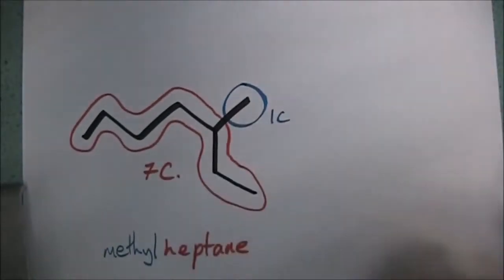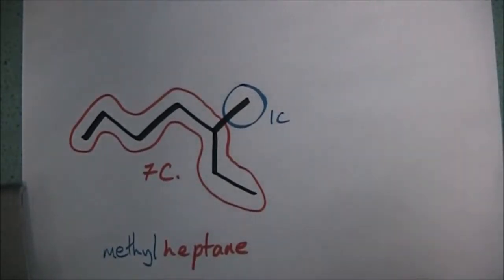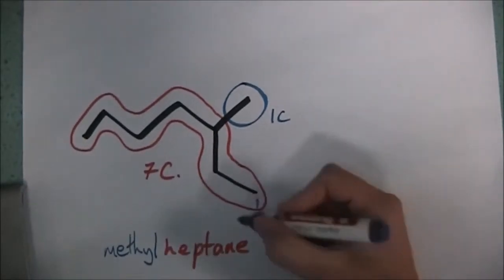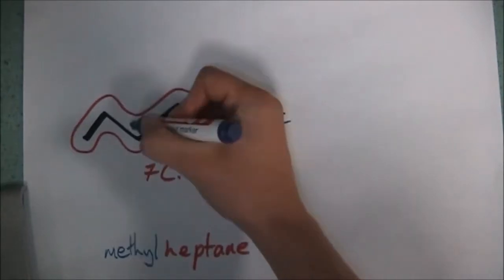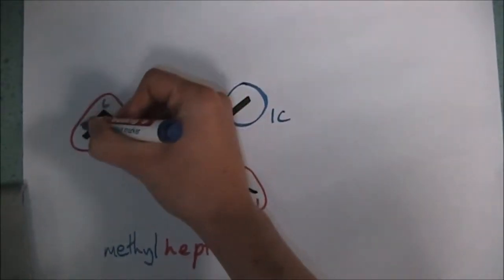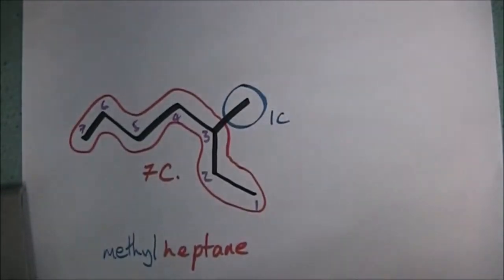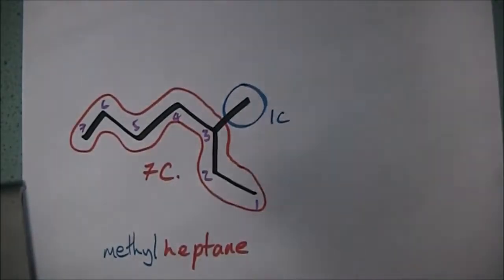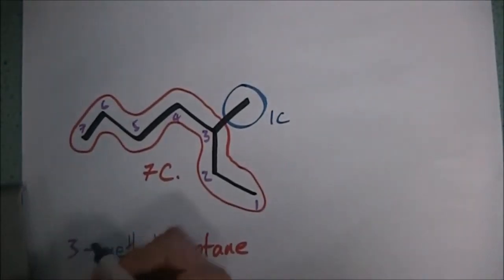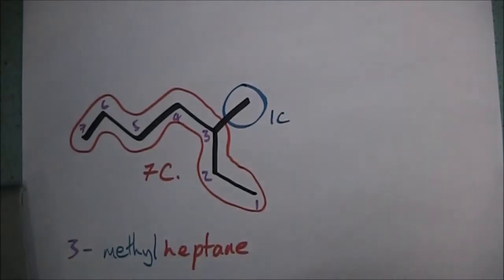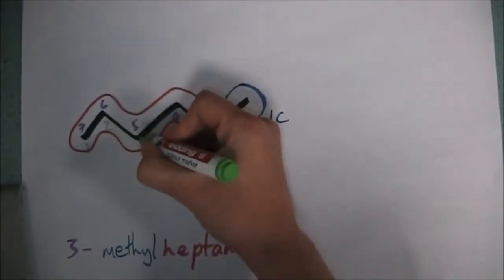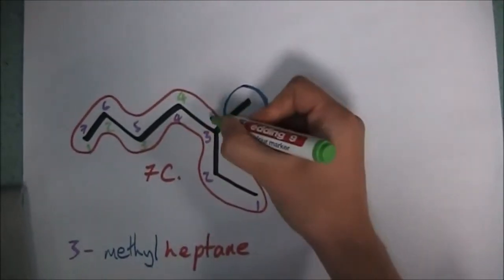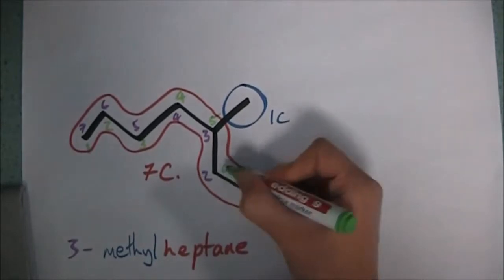Well, it's on this one here, and that is 1, 2, 3, 4, 5, 6, 7. So it's the third carbon along from that way. So we're going to call it 3-methylheptane. Now, why did I start counting at this end? Well, if we start counting at this end, 1, 2, 3, 4, 5, 6, 7.